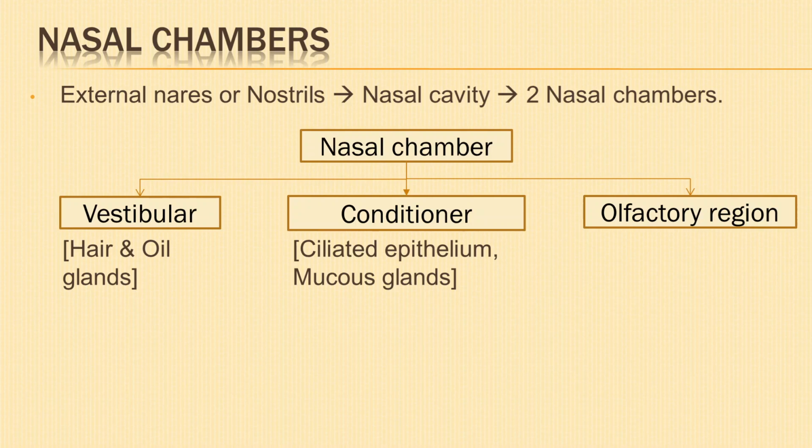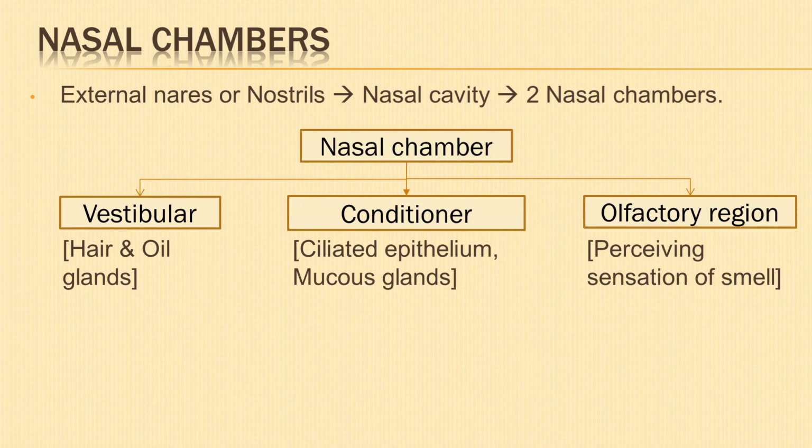The cilia vibrate in the direction opposite to the inhaled air and help in warming and moistening the air. The olfactory region takes part in perceiving the sensation of smell.